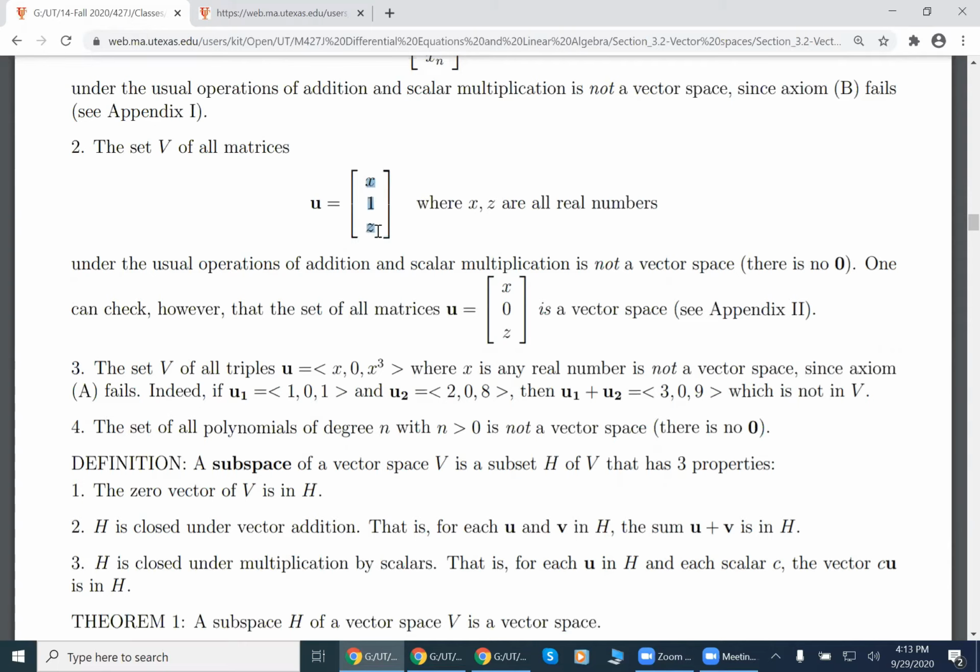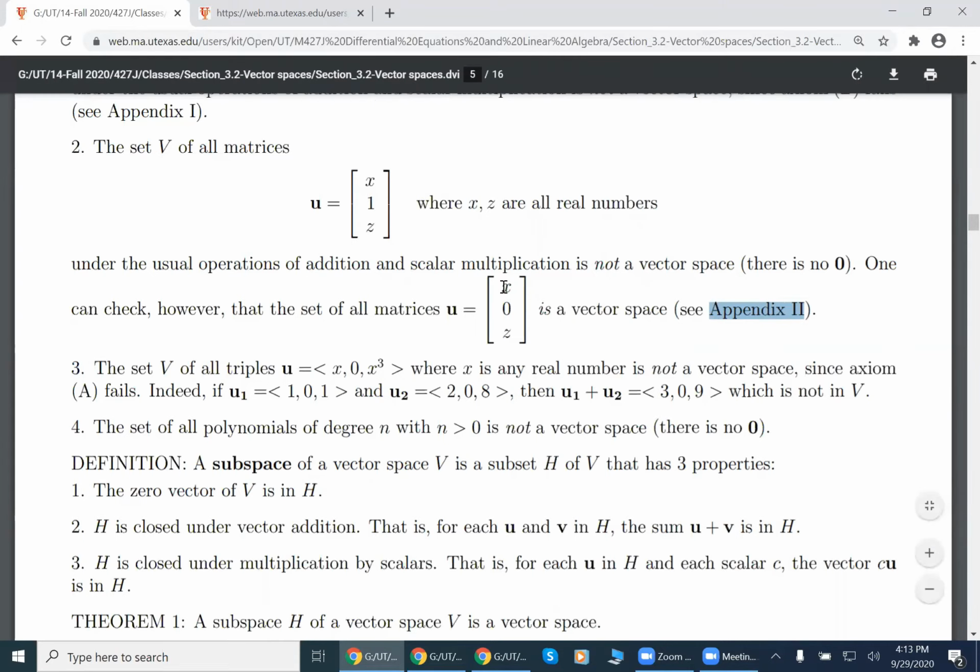We cannot come up with 0 because this is 1. To the contrary, one can show, and we show it in appendix 2, that this set, where instead of 1 we have 0, is a vector space. One way to show it is to check all 10 axioms. We do it over here.